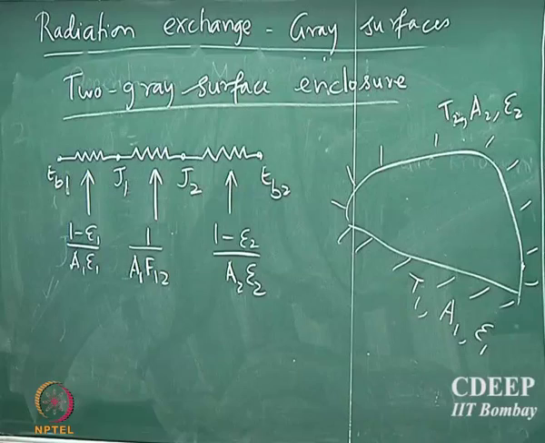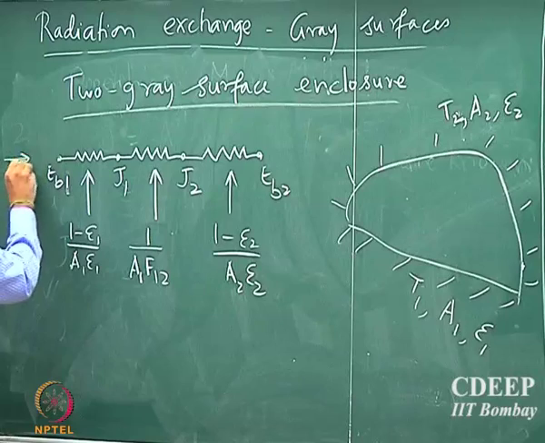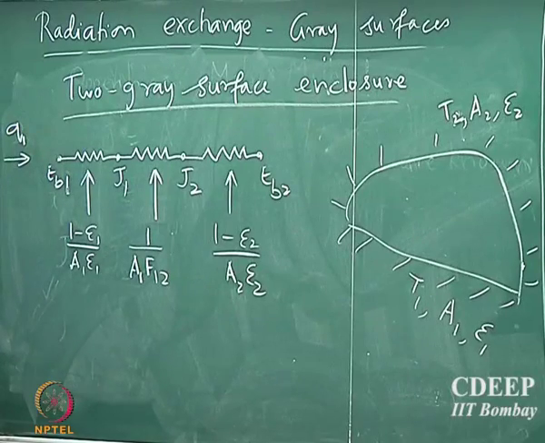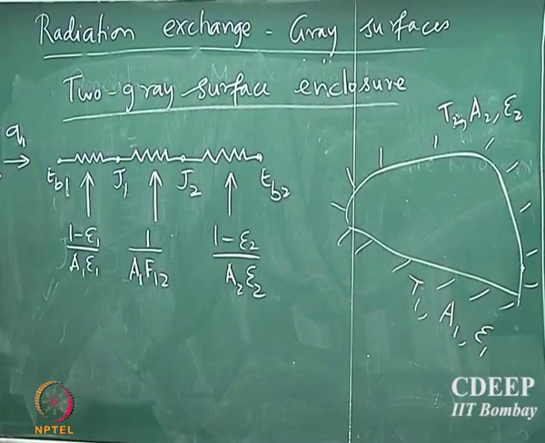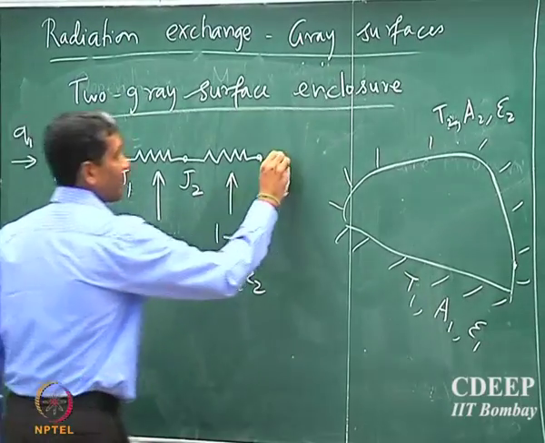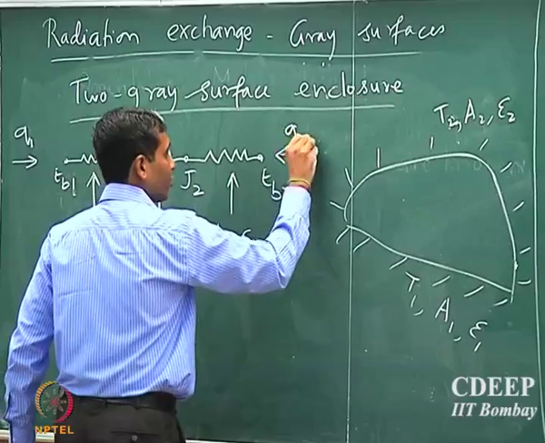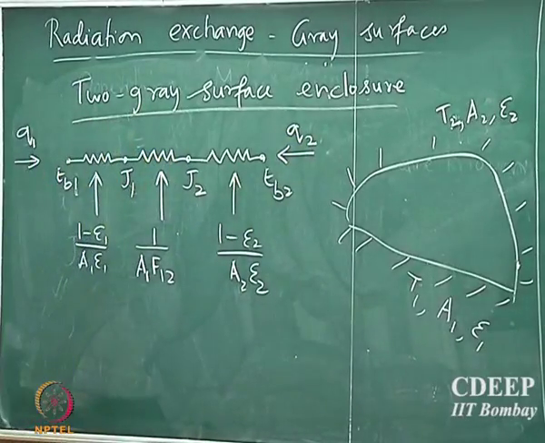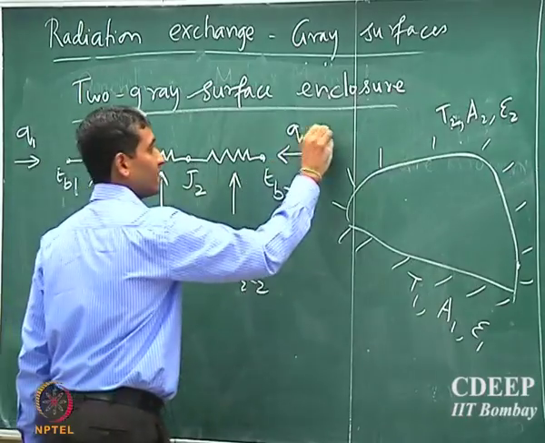Okay. So, now simply based on the resistance concept, if Q1 is the net radiation exchange from surface 1, then what will be Q2?